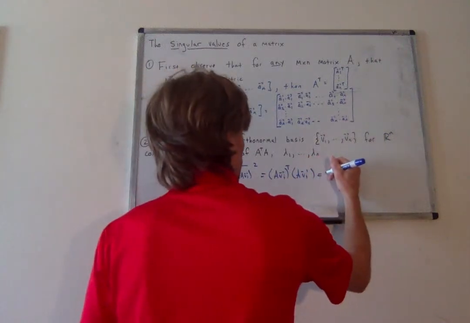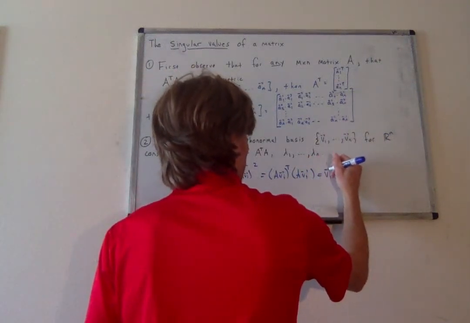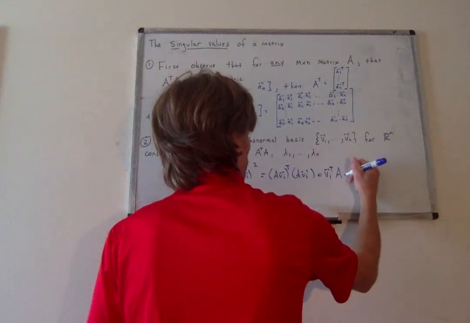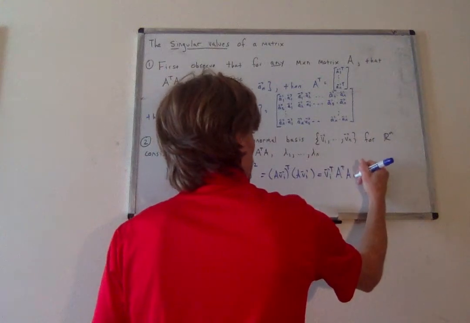And this gives us Vi transpose A transpose A times Vi.